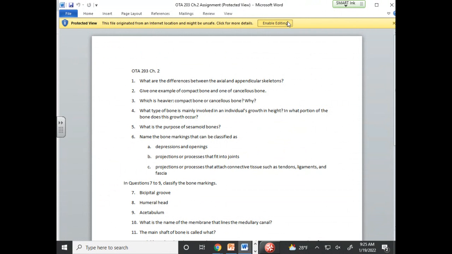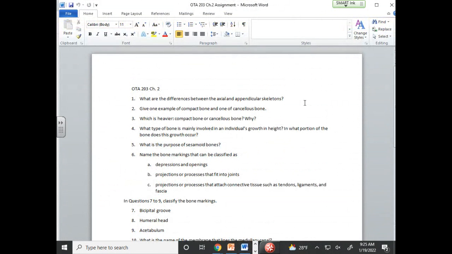All right, so chapter 2, questions. What are the differences between the axial and the appendicular skeleton? The axial skeleton does not contain what type of bone? Long and short. Okay, that's one difference.